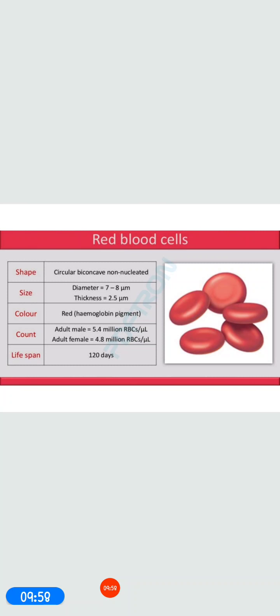And the lifespan, I already told, is 120 days. This is the RBC, which is known as red blood cells.